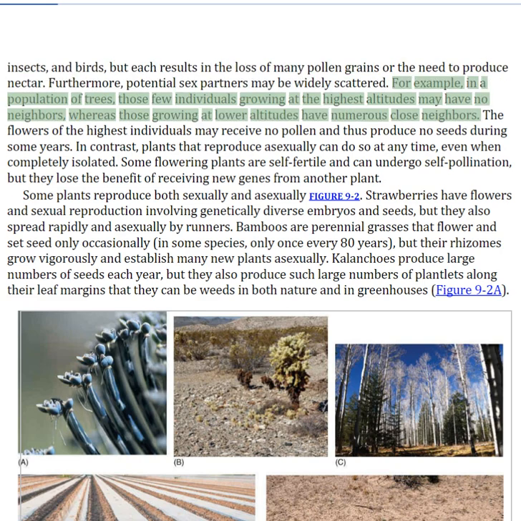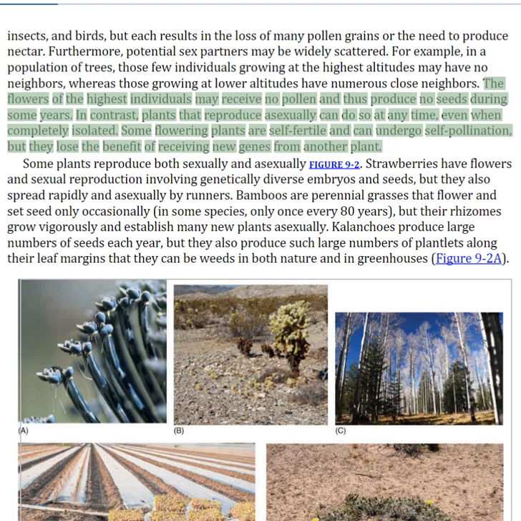For example, in a population of trees, those few individuals growing at the highest altitudes may have no neighbors, whereas those growing at lower altitudes have numerous close neighbors. The flowers of the highest individuals may receive no pollen and thus produce no seeds during some years. In contrast, plants that reproduce asexually can do so at any time, even when completely isolated.